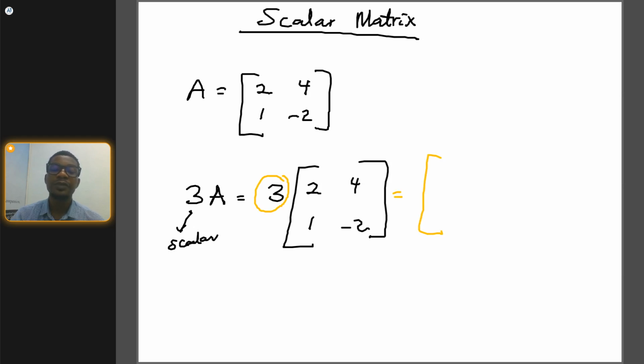So we are going to have 3 times 2, and also 3 times 4, and also 3 times 1, and also 3 times minus 2.